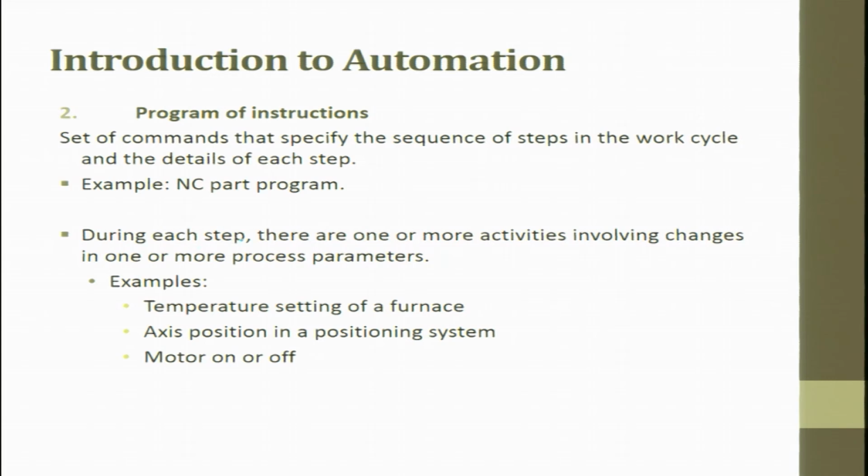During each step, there are one or more activities involved, changes in one or more process parameters. Example, the temperature setting of a furnace is an instruction. So, if it crosses 60 degrees, switch off. Okay. Axis position in the positioning system is also a program instruction. Motor on/off is a program instruction.